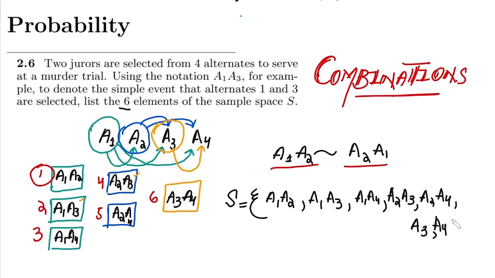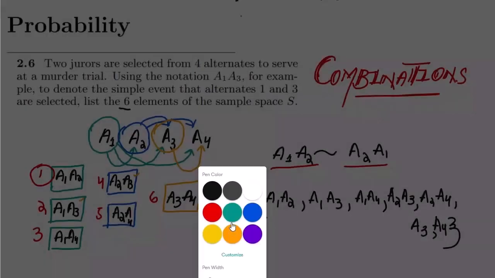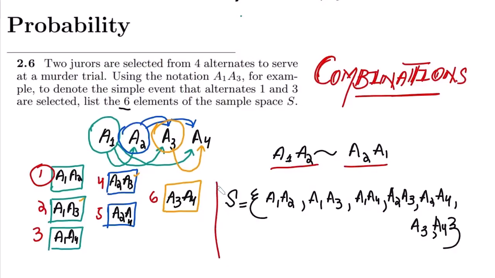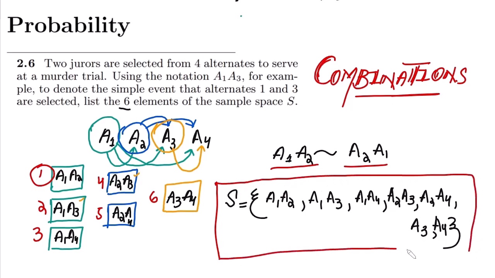Okay, that is A3 A4 and now closing it with this, and this is basically the sample space for the question which is asked here.